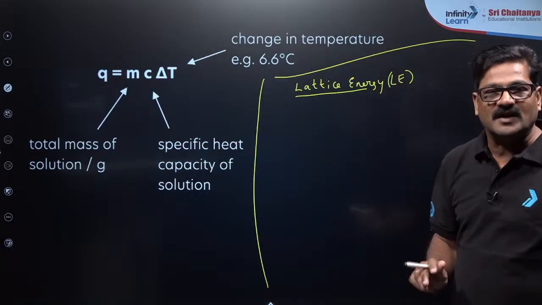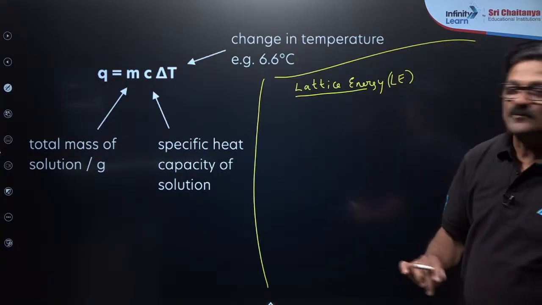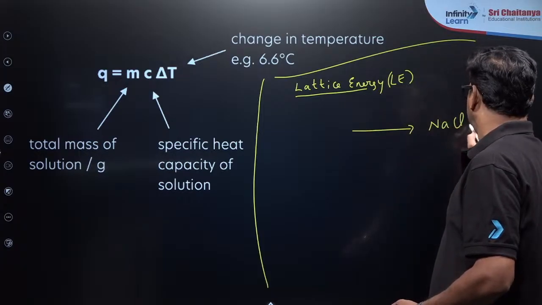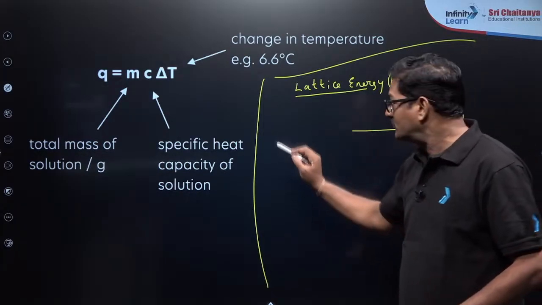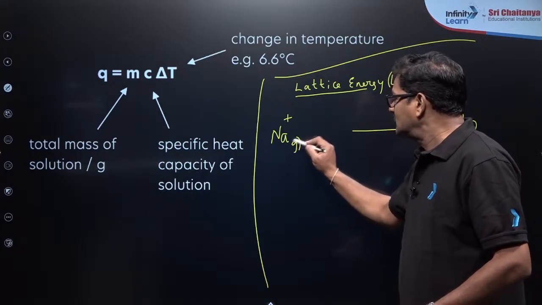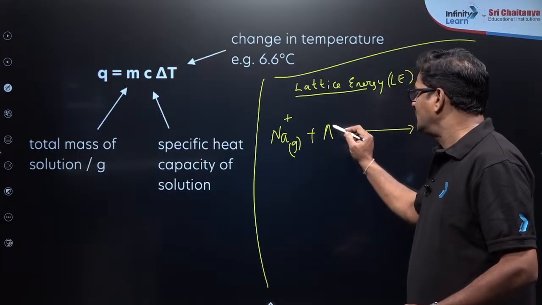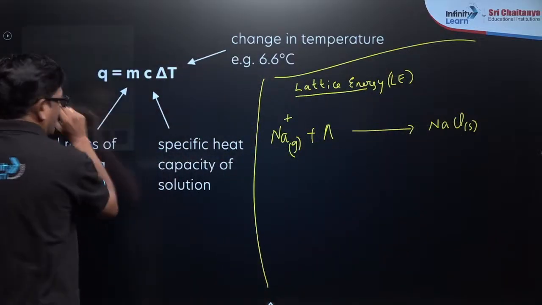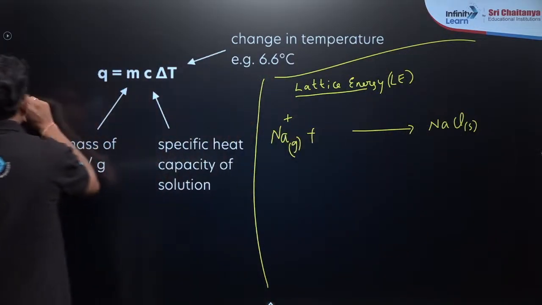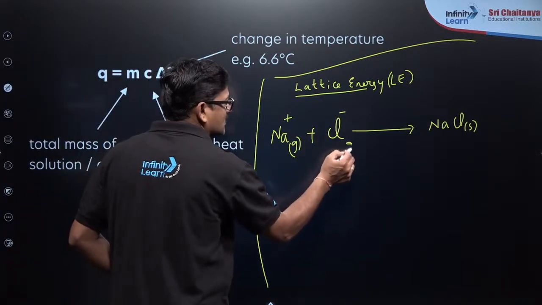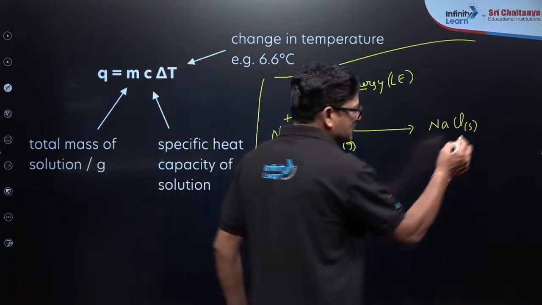What is the meaning of lattice? Ionic solid. 1 mole of ionic solid is formed, like NaCl, which is a solid, from its constituent gaseous ions. So the energy released when 1 mole of ionic crystal is formed from its constituent gaseous ions is called lattice energy.